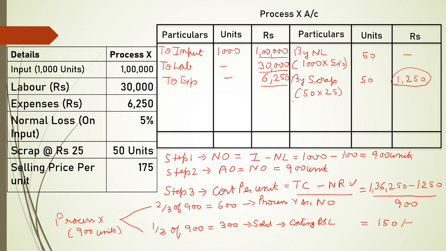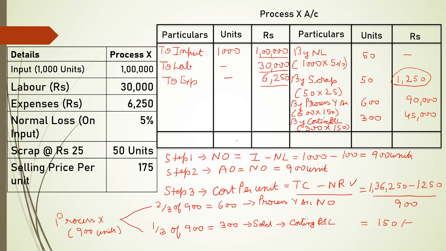So on the credit side, we divide our output: by process Y account, the number of units is 600 and the cost per unit is 150, so 600 into 150 is 90,000 rupees. And the balancing output is transferred to costing P&L, which we have to sell. So units are 300 at the cost price of 150 rupees.